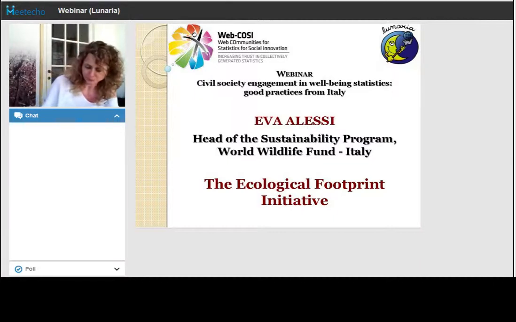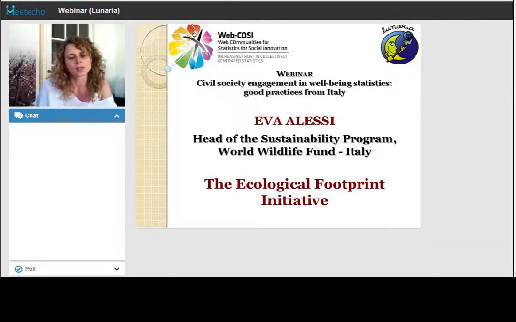So, ecological footprint, that's a very interesting thing because it translates the human demand of resources into one area. The area is very simple to understand for everyone, also for people that are not inside these arguments, because the area can be very well visualized by everyone.